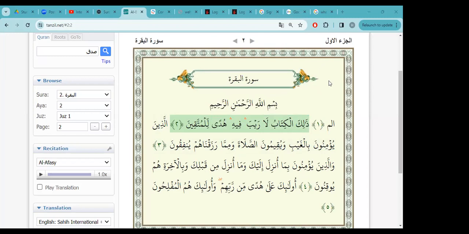So dhalika, this is where memorizing the Arabic terminology comes in use. What's the Arabic for dhalika? What category does that come under? The word I was looking for is ismul ishara.